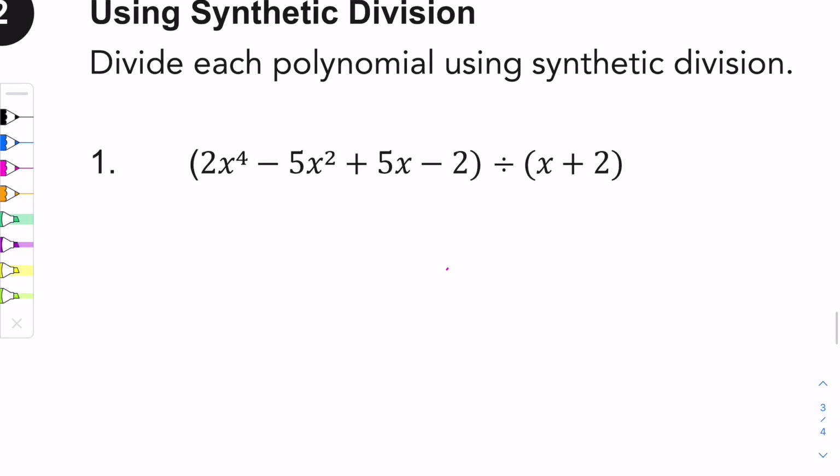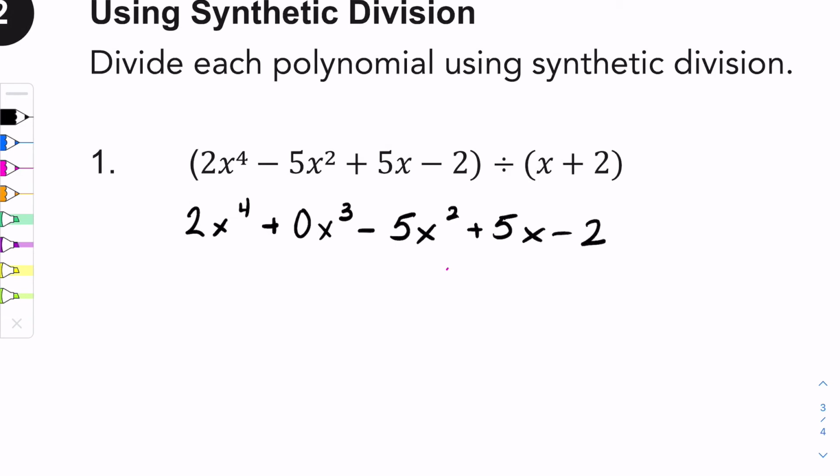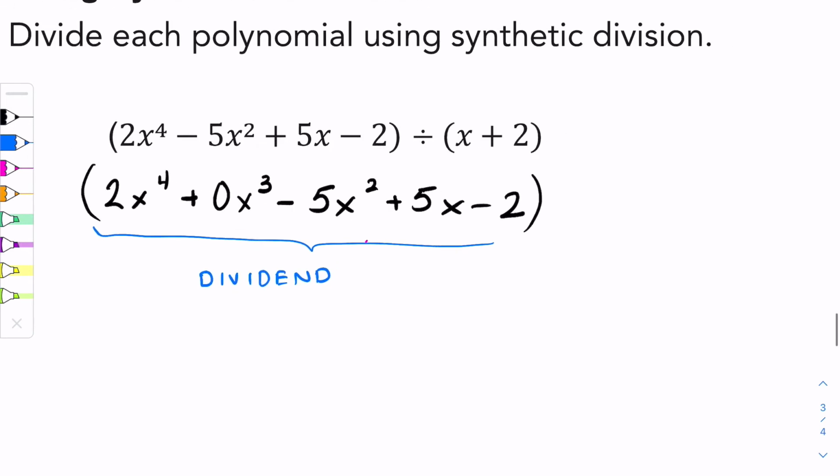I'm just going to rewrite this directly below it as 2x to the 4th, plus 0x cubed minus 5x squared plus 5x minus 2. So checking my exponents, 4, 3, 2, 1, and then no exponent. This, again, is called our dividend. And the second part, which is divided by x plus 2, this here is called our divisor.